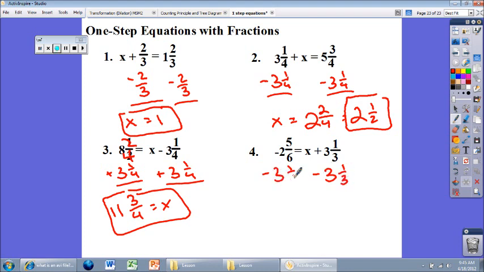Minus 3 1/3. Again, we have to have a common denominator, so it's going to end up making this 2/6. So when we subtract these, I'm going to end up with negative 5 7/6, which is simplified to negative 6 1/6.